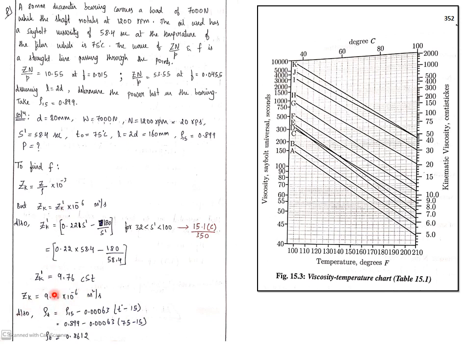Once you get the value of Zk, you can substitute back to find Z. To find Z, we need the density at a particular temperature. This is the formula to substitute. The specific gravity is 0.899 in the question and the temperature is 75. If you substitute, you will get the specific gravity at that temperature.